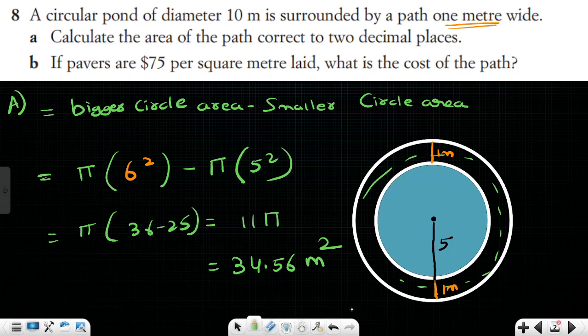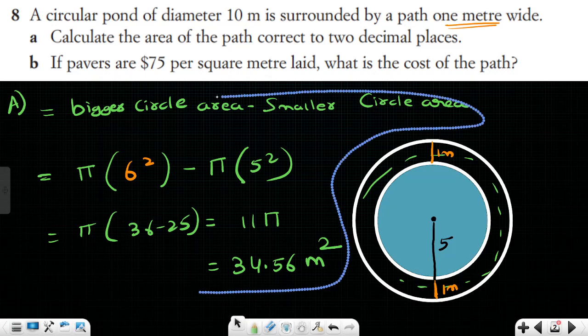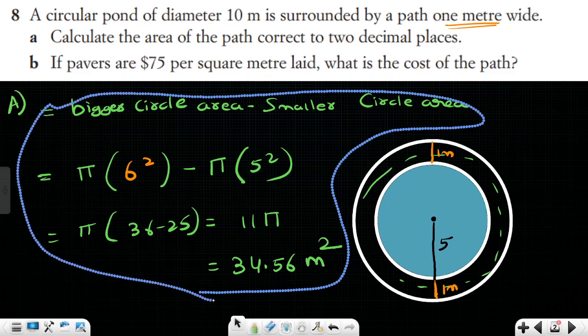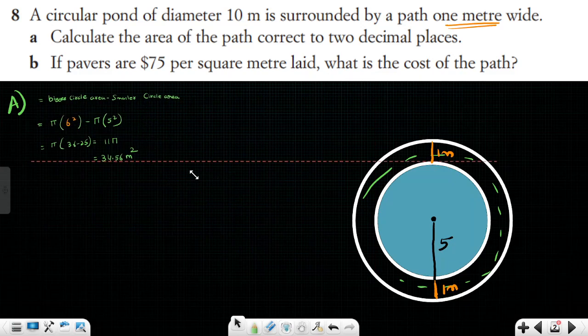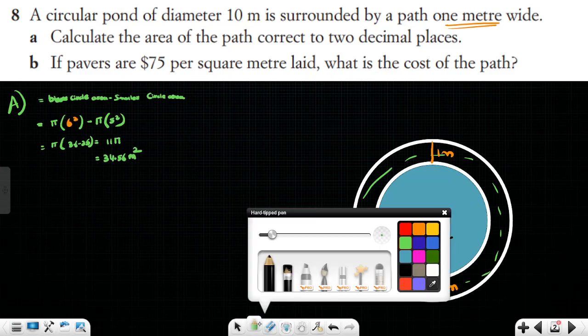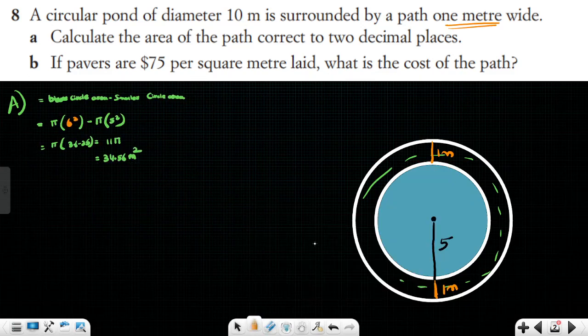Now I'll just make this small. They want: if pavers cost $75 per square meter laid, what is the cost of the path?